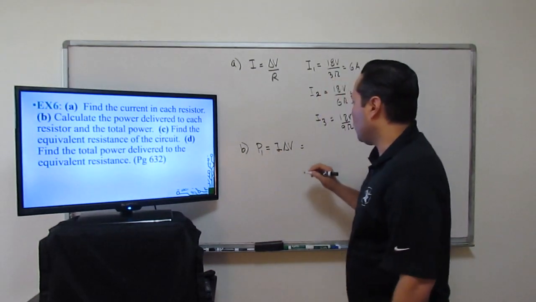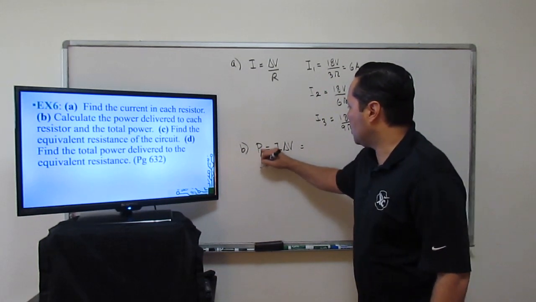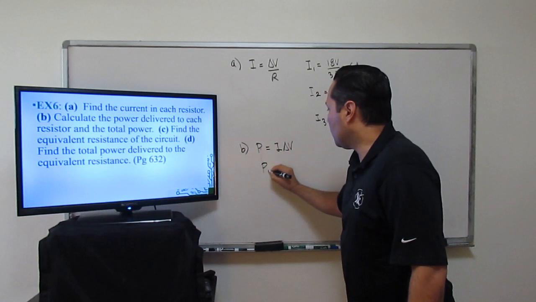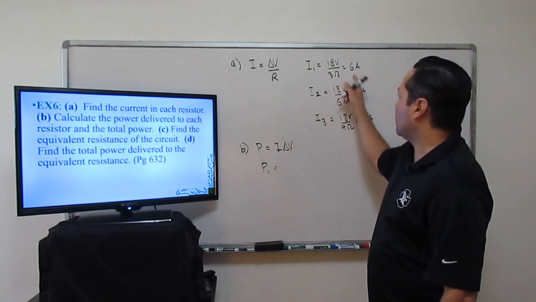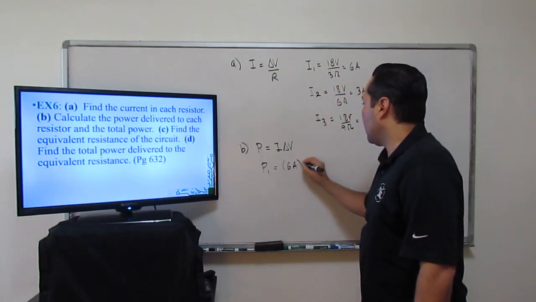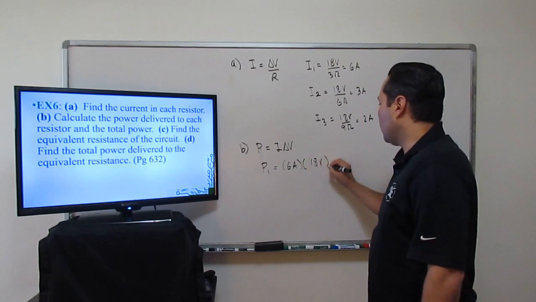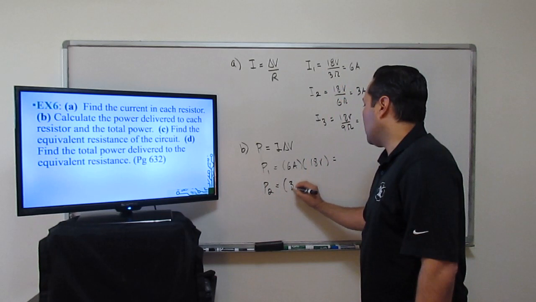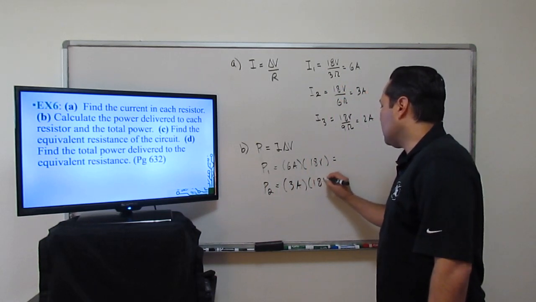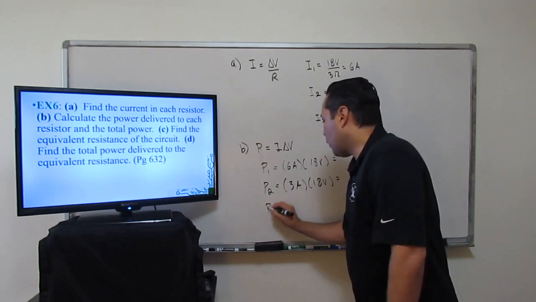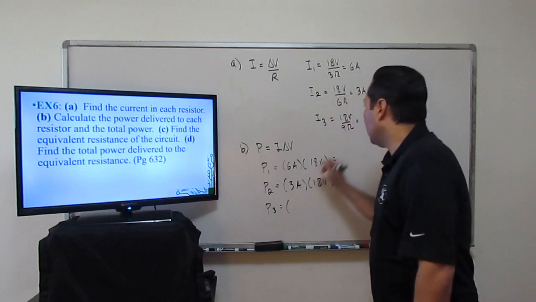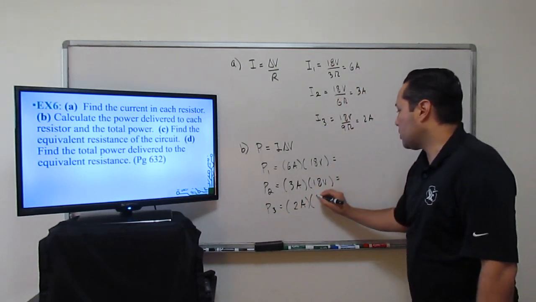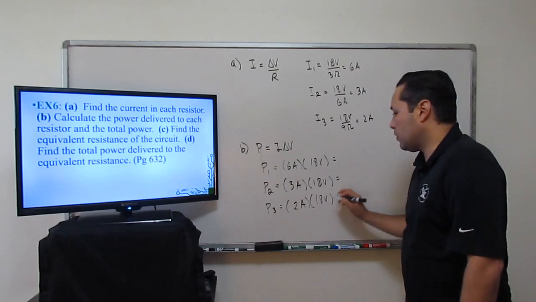P1 is going to be the current of 6 amps times the voltage of 18 volts. The power for number 2 is going to be 3 times 18 volts. And the power for number 3 is going to be 2 amps multiplied times the total potential difference.